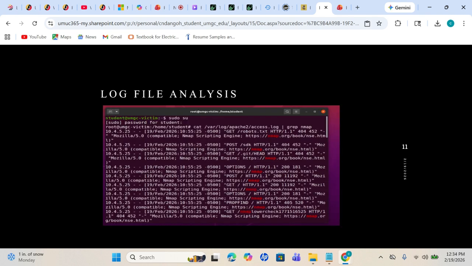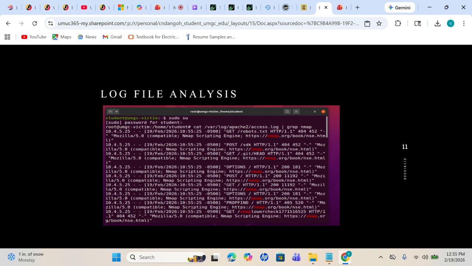And now I decided to get back into the system, the Ubuntu machine running the web server, and I decided to check the log files for entries. When I checked the log file, I used cat and grep, and you can see from the screenshot the nmap log file.